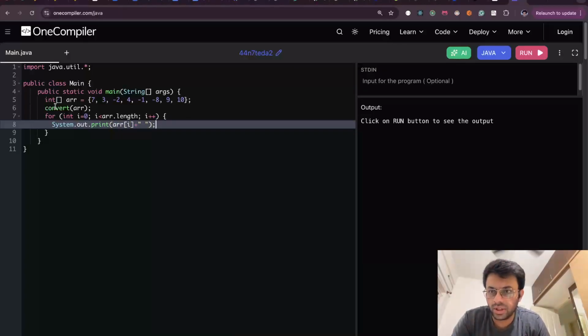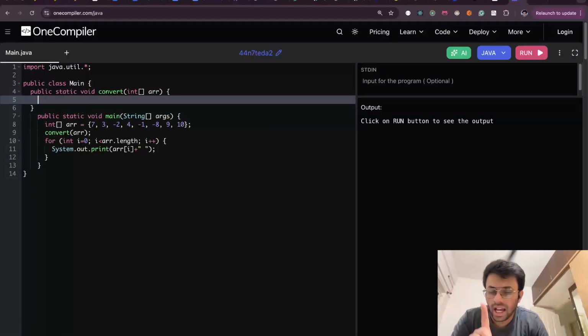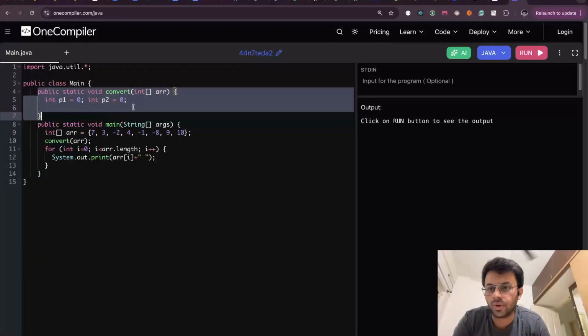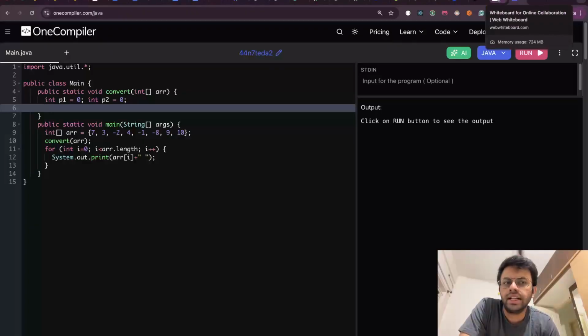In this convert function I'll receive the array, and now I have two pointers. But now both these pointers are starting from 0. That wasn't the case in our day 10's video.